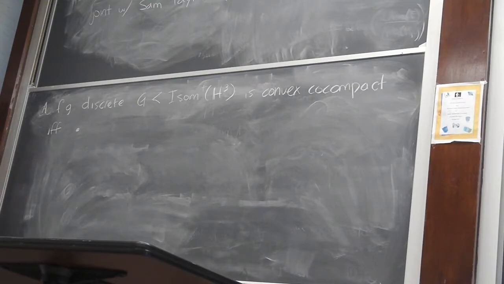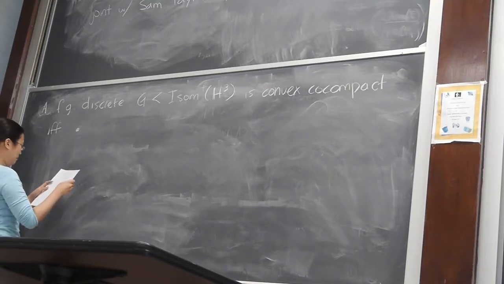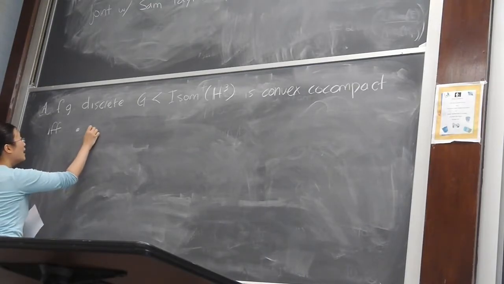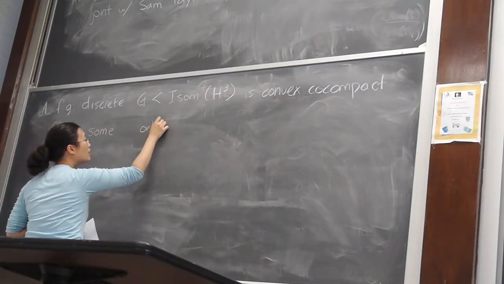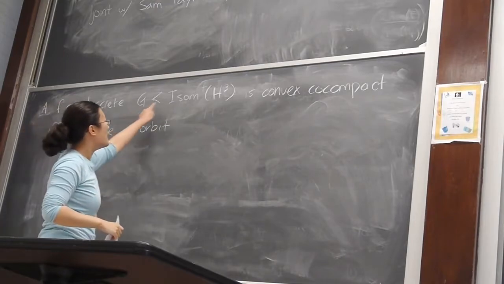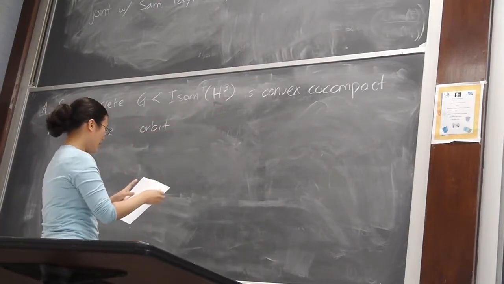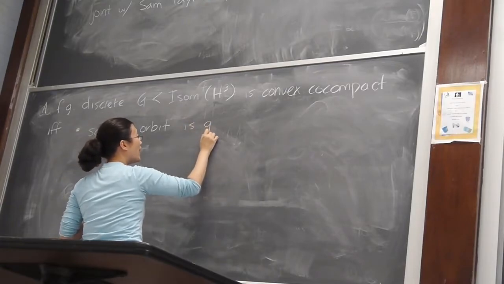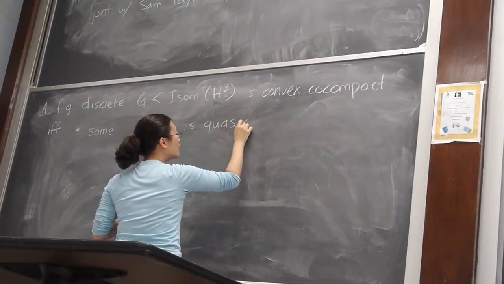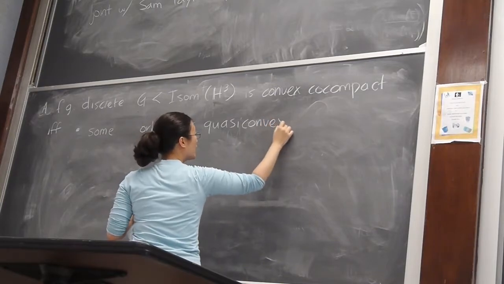The two that are relevant for this talk are, first, if some orbit is quasi-convex. You have a group acting on hyperbolic space by isometries, and if some orbit is quasi-convex, that's an equivalent condition.